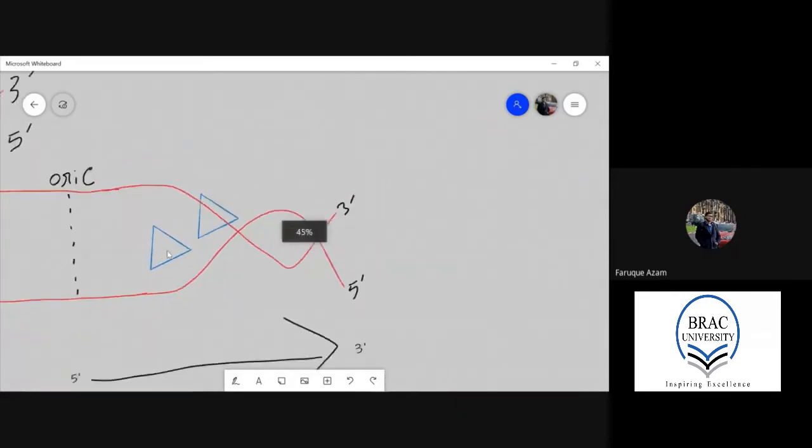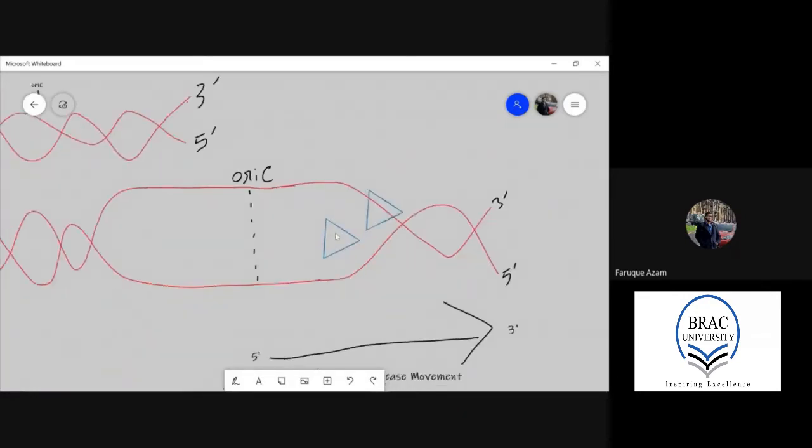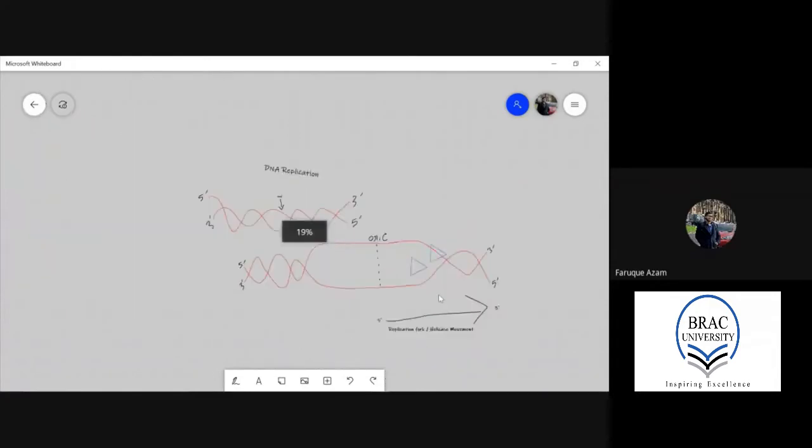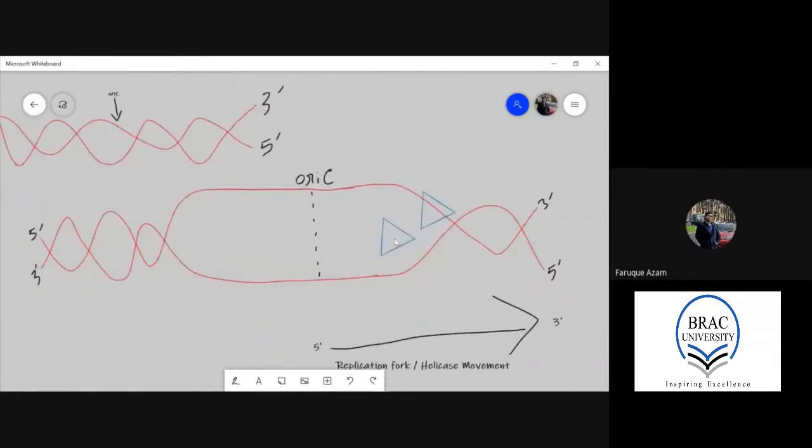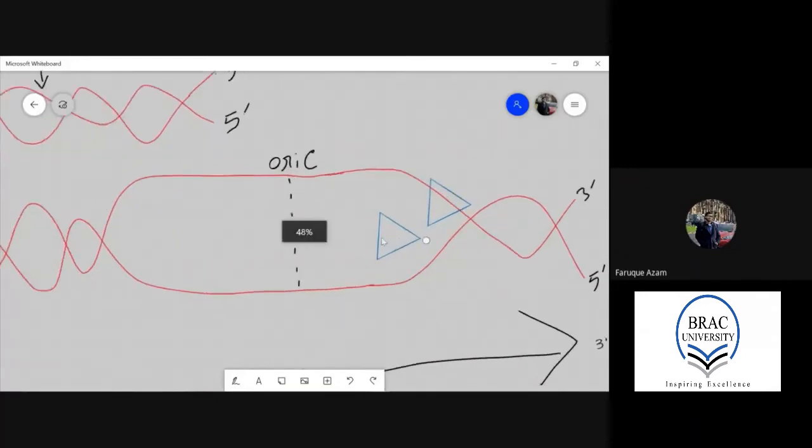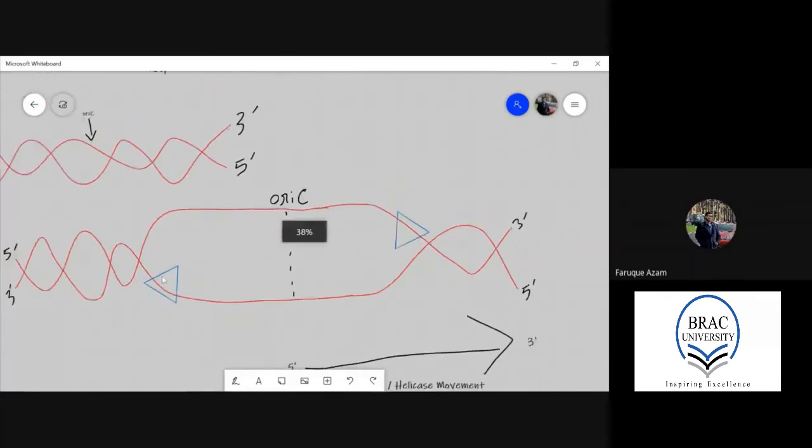The other replication fork will be at the other end of your parent DNA. So two helicases here. The blue triangle is the helicase enzyme, and this one will unzip rightward, and this one will unzip leftward because it can move in the 5 to 3 prime end direction.